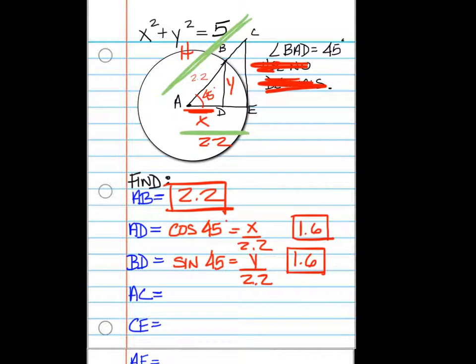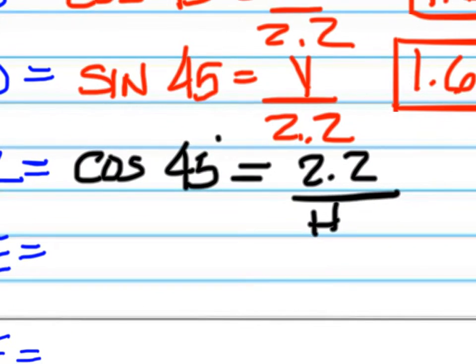We have an adjacent side to that 45 degrees, 2.2. That's going to be cosine. So we could do cosine 45 degrees equals adjacent 2.2 over hypotenuse, which we don't know. When you cross multiply this, you're going to have an h with the cosine 45.